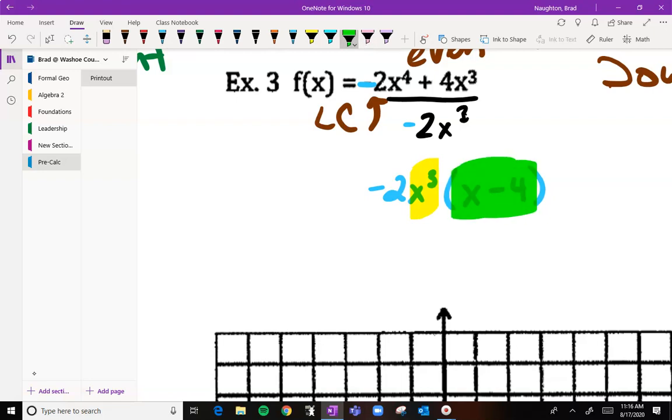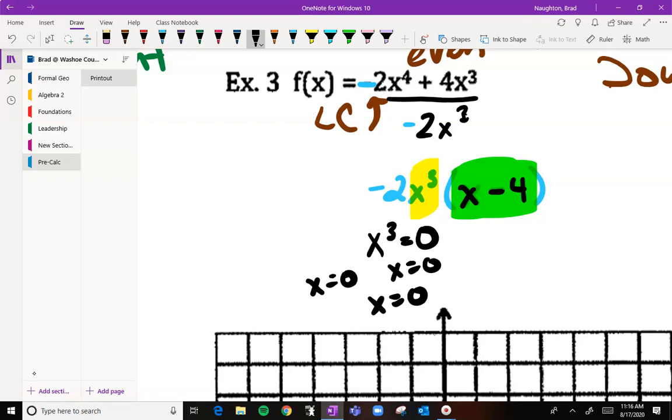So I don't care about the 2, but I do care about the x cubed and the x minus 4. This x cubed means that since there's no other numbers, there's 3 essentially zeros. And over here, if I set that equal to 0, I'm going to get 4. So 1, 2, 3, 4.